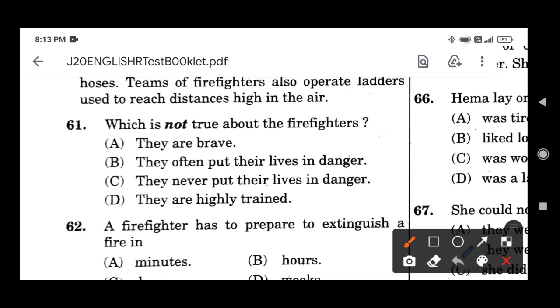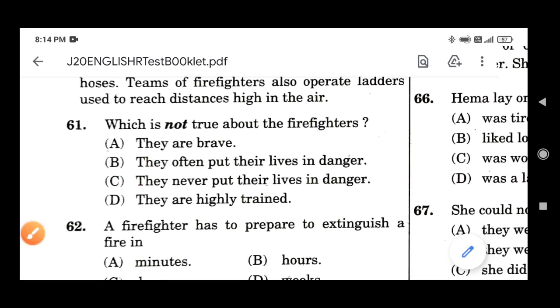So here the answer is, they never put their lives in danger. See, here the option is C. So what you have to do, dear friends, is bubble the circle of the option C.